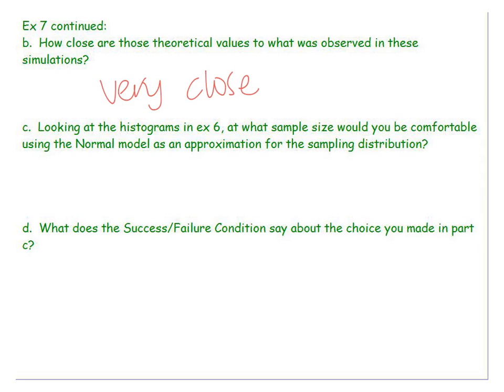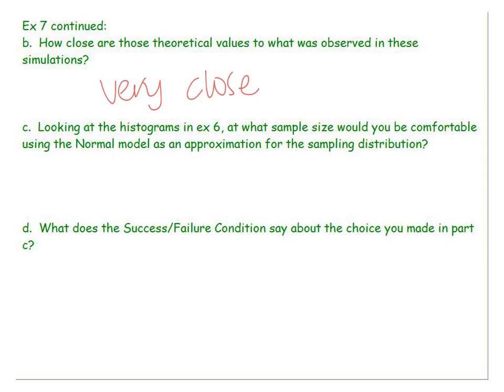So let me ask you, when we looked at those 4 histograms, what sample size would you feel comfortable using the normal model to approximate? So if you look back at those pictures, if you remember that first one was very skewed left. The second one, the sample size of 50, was also kind of skewed.